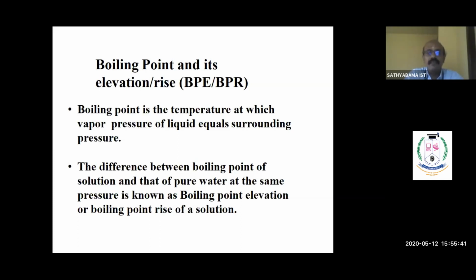The difference between the boiling point of a solution and that of pure water at the same pressure is known as boiling point elevation or boiling point rise of a solution. Normally, the boiling point of a solution will be higher than that of pure water, and hence that difference is known as the boiling point elevation.